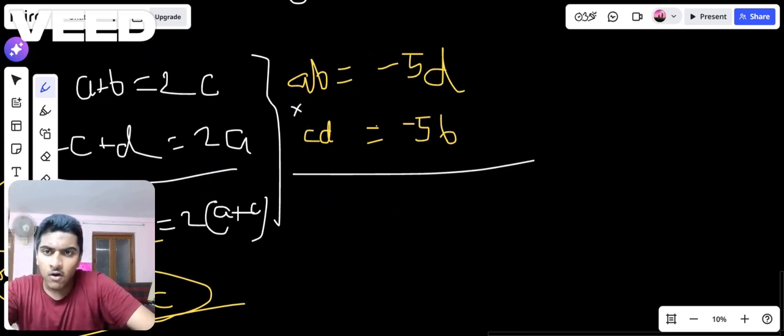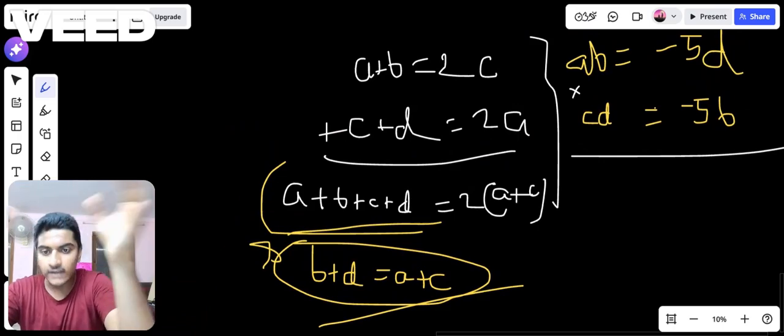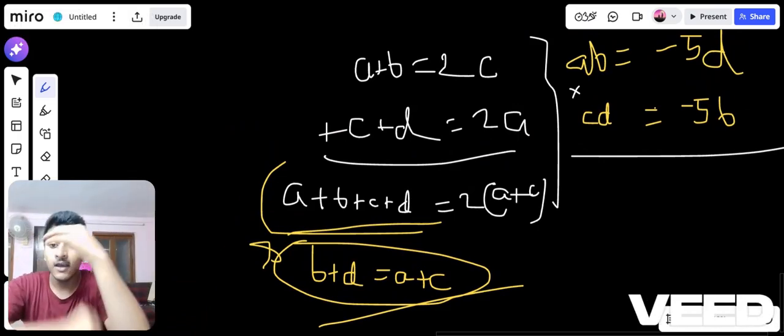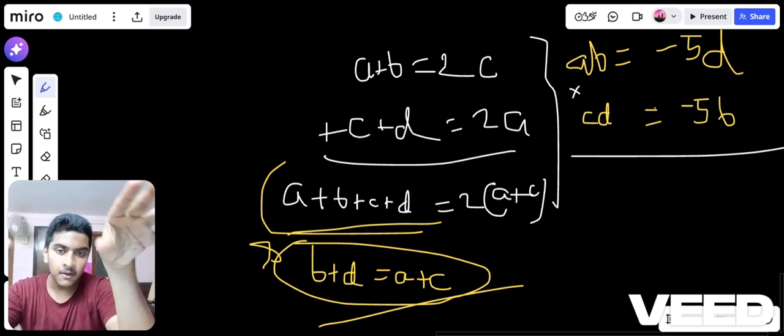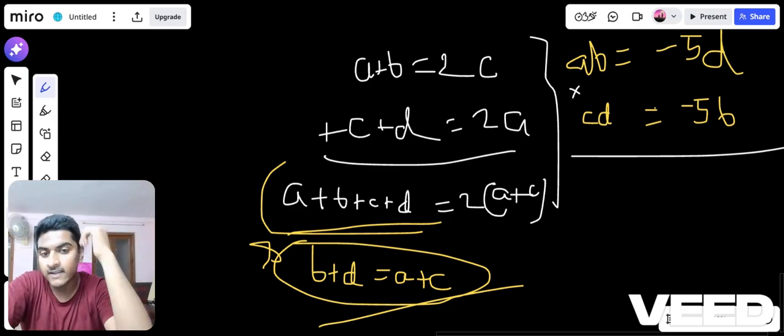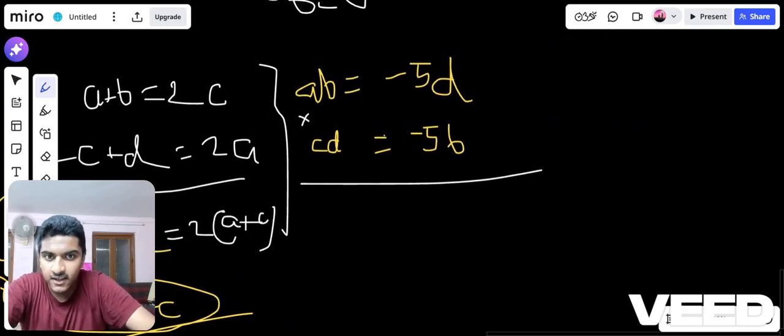Now, why multiply? Because in the previous case, you added them up, as the question mentioned a plus b plus c plus d. That was the reason for adding them up. Once you add them up, you will see that a plus c term cancels out. If you try to add these two equations, ab and cd, you won't get anything beneficial.